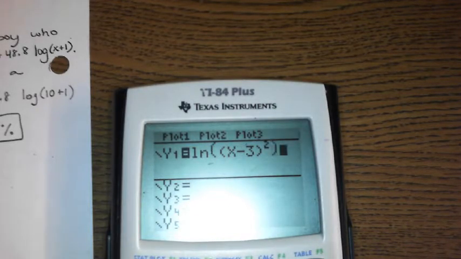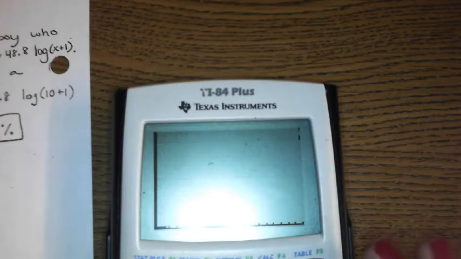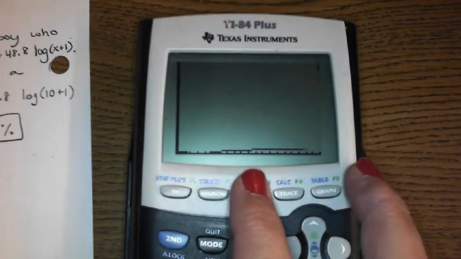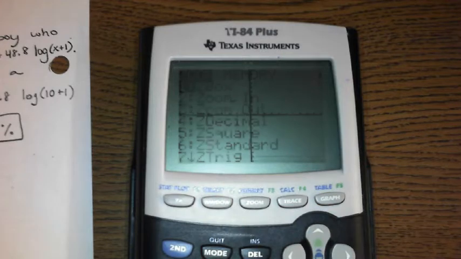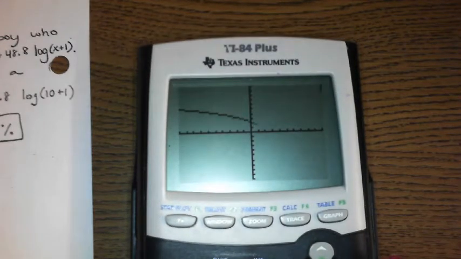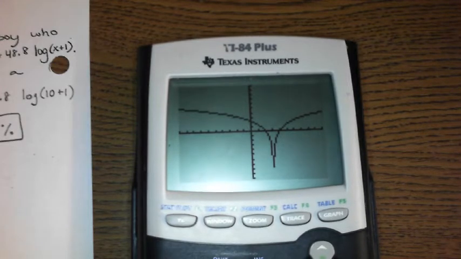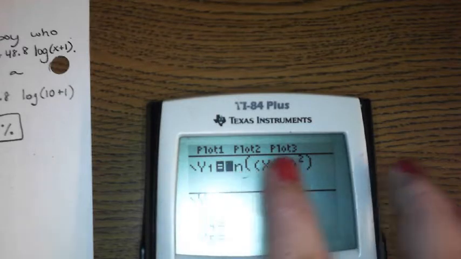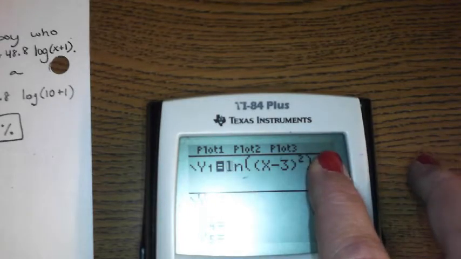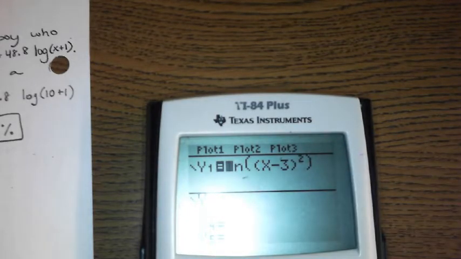So you put it in parentheses when you type it into your calculator. I'm glad you brought that up, Lily. I put the entire thing in parentheses. We're taking the natural log of the entire thing. We're not taking the natural log of x minus 3 and then squaring that. If you take out the outer parentheses... Does that make sense, Lily?